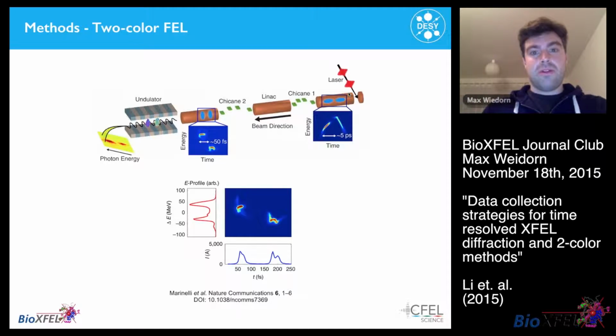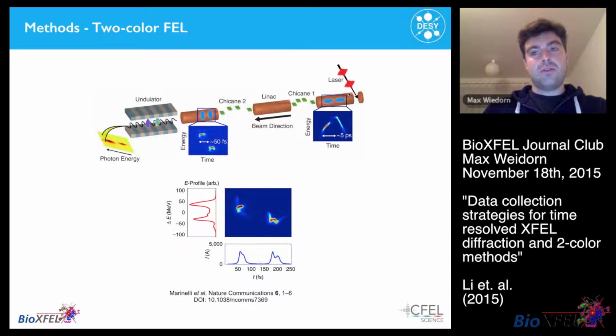Another important method in this paper is the so-called two-color FEL. For a short introduction, I've chosen to base it on a paper also published earlier this year by Marinelli et al. That's the current scheme used at LCLS, where they do not use undulators tuned for two different wavelengths with a single bunch, which was mainly done before.